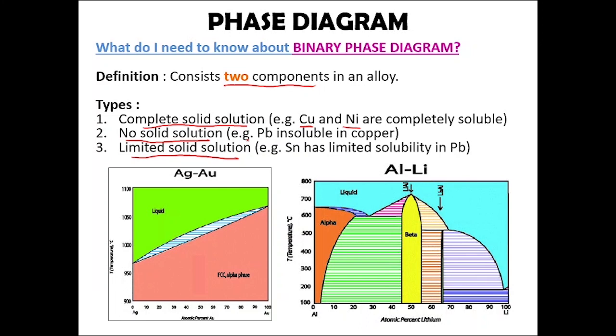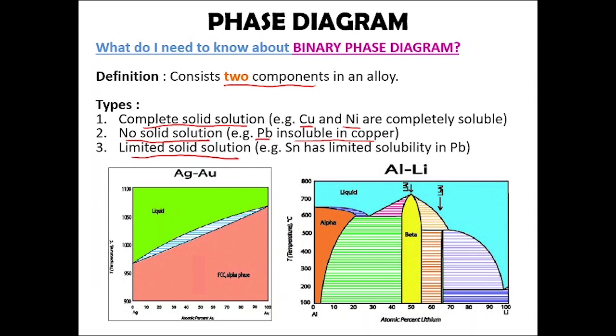And then for the no solid solution, we have plumbum insoluble in copper. It means that after we combine them together, we will see two elements in the solid solution of plumbum and copper. Under the microscope, we will see they are not mixed together.